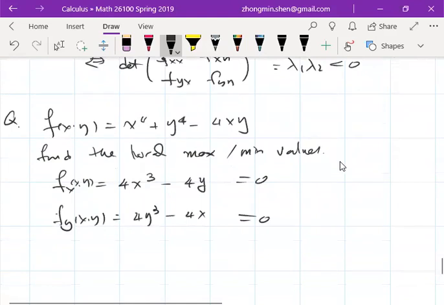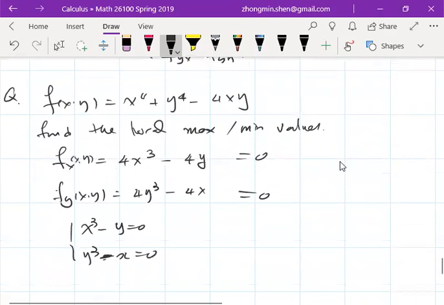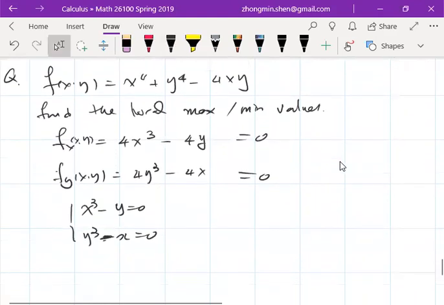I got two equations, so how can I solve that? First of all, there is a trivial solution: x equals 0, y equals 0. But maybe there are other solutions. Let's use substitution.